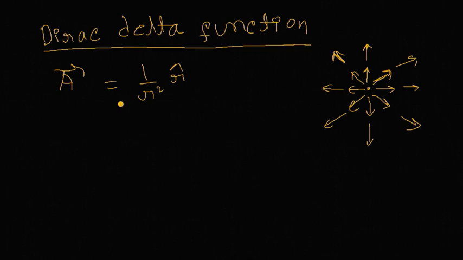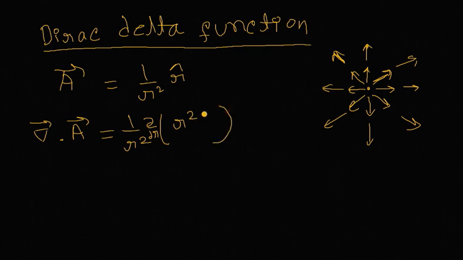Now if we take divergence of this function, as we are taking a point, this can be considered as a sphere, and that is why we will take the divergence formula in spherical polar coordinate, and that will be 1 by r square del r of r square and the value of function, that is 1 by r square.